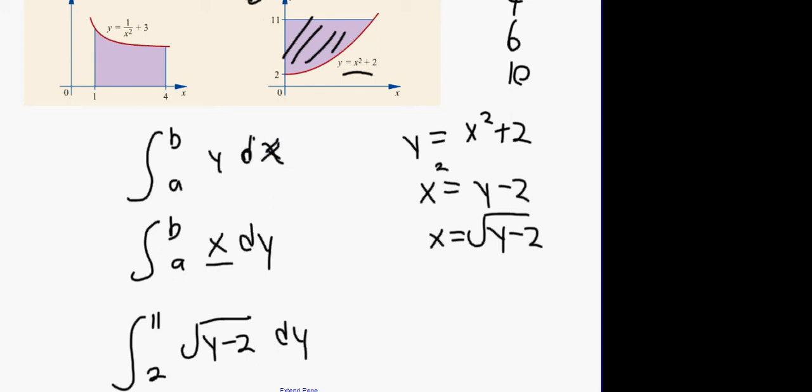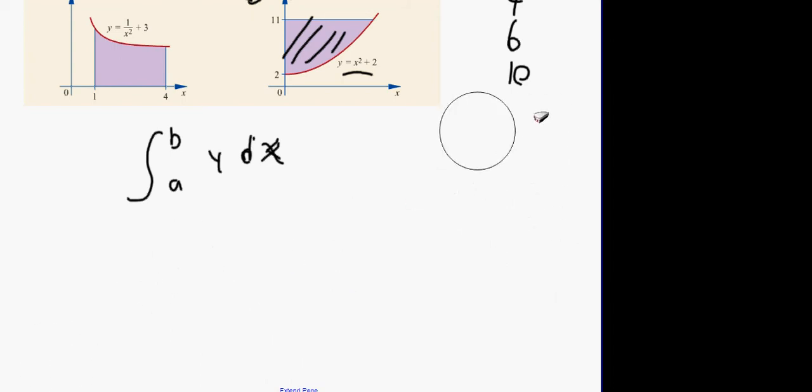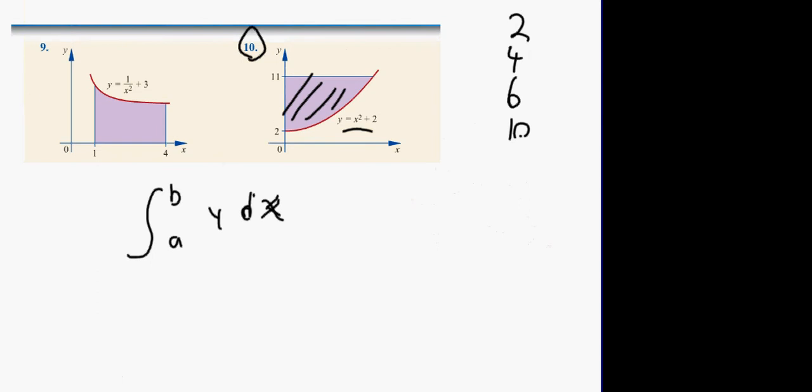I'm going to rub this out, and what I'm going to figure out is, if I get the area of this rectangle here, do you see it? Then I can get the red area against the x-axis, and take it away to find the blue area, which I couldn't find using the y formula.